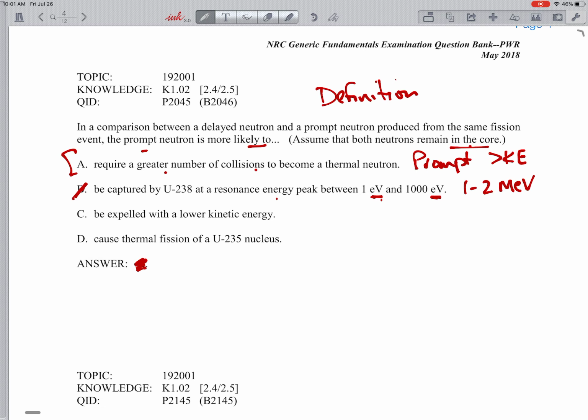Prompt neutron is more likely to... Oh, this is a likelihood question. I'm sorry. Same fission event, the prompt neutron is more likely to be expelled with a lower kinetic energy. It's more likely to be expelled from the core, but I don't know about this lower kinetic energy stuff.